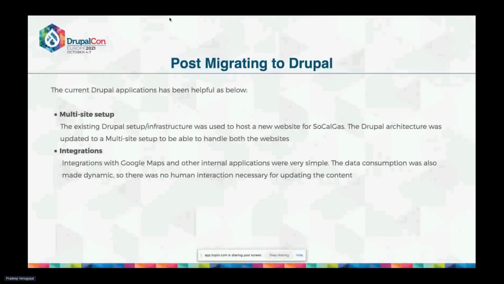We did some tweaks to the current Drupal system and changed it to a multi-site architecture, and with that we were able to host another application on the same infrastructure. It uses the same infrastructure both on the cloud side and from the code perspective.